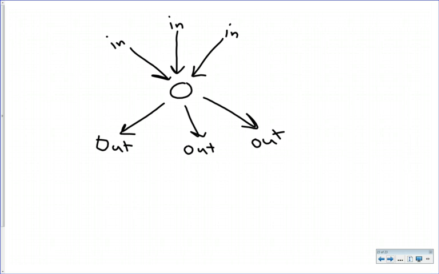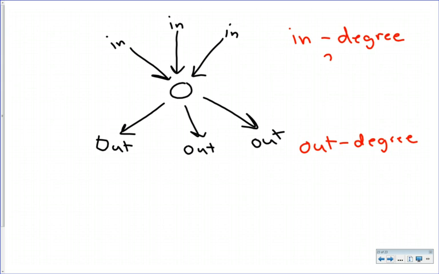Okay? In tree studies, we do this by measuring what's called the in degree of a particular node and the out degree of a particular node. So the number of branches going in, in this case 3, is its in degree. The number of branches coming out is its out degree, in this case 3.